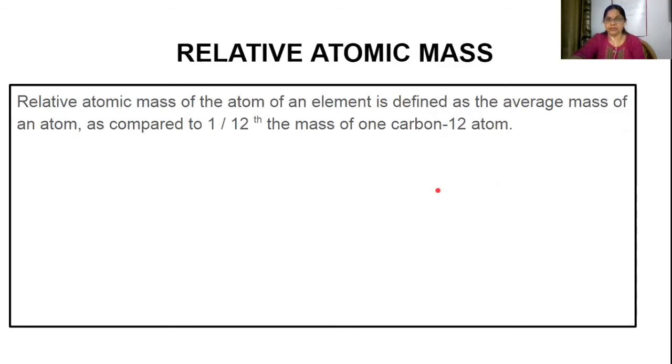If we consider the absolute atomic mass of hydrogen atom, it comes to 1.66 × 10^-27 kilograms. Now to write that is quite difficult. So to make our calculations easy, the relative atomic mass is used.